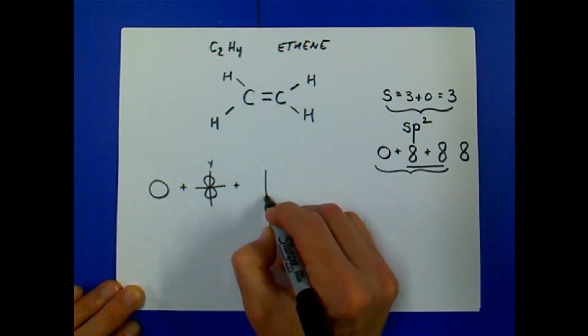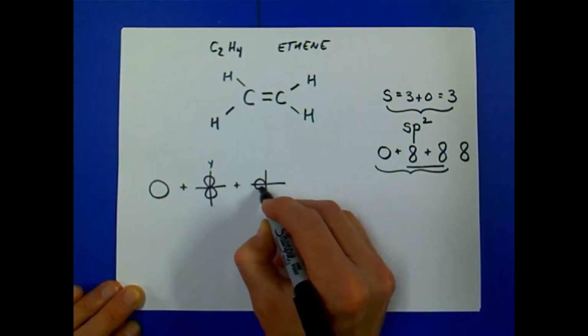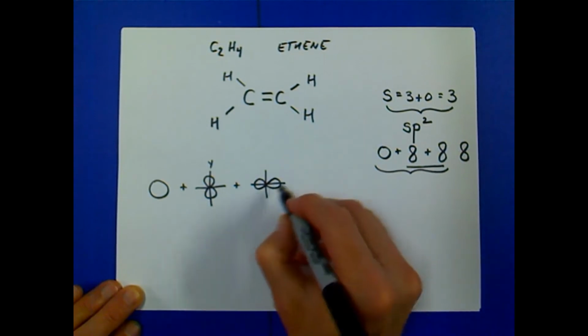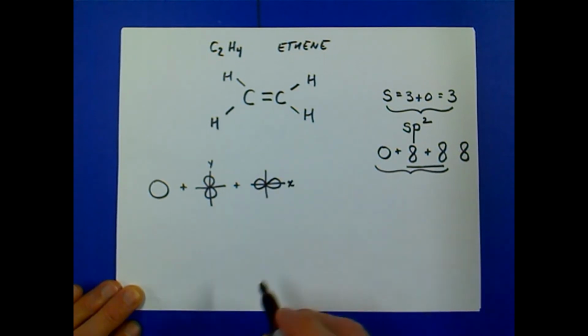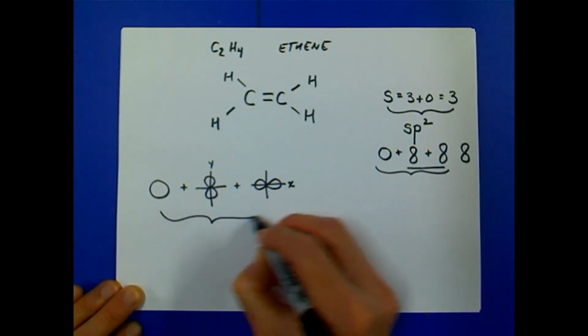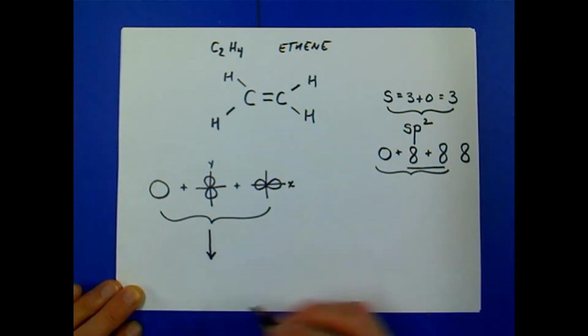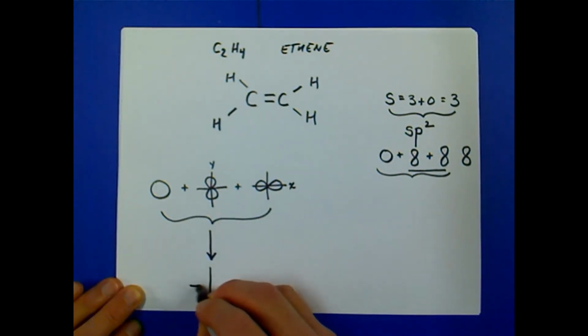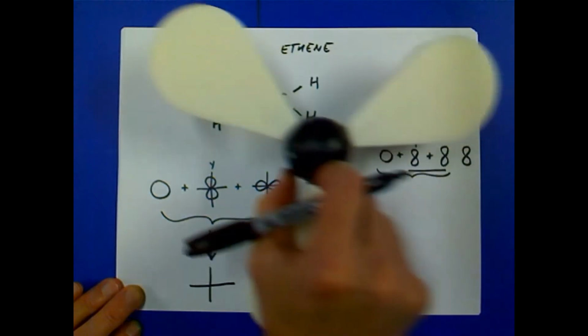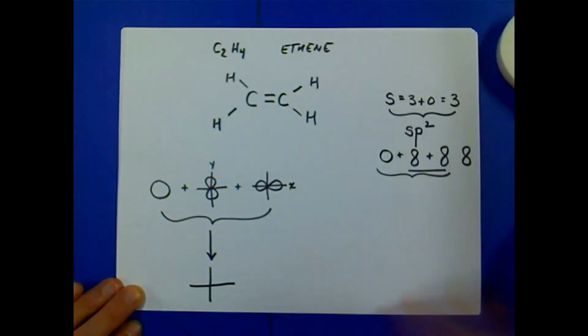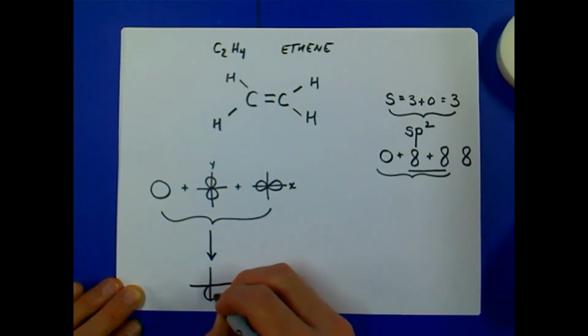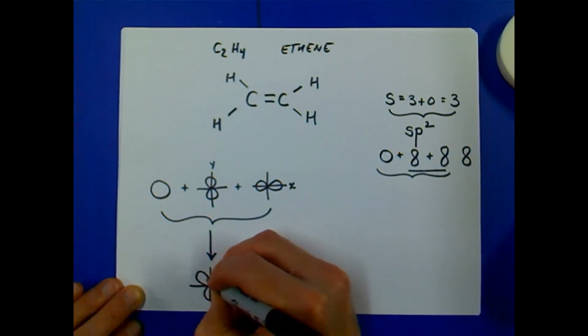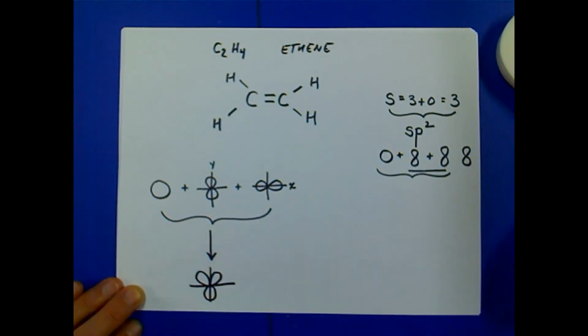We also mix that with a px orbital, which will be oriented along the x-axis. When we hybridize these 3 orbitals in the xy plane, we get 3 lobes pointing at the corners of an equilateral triangle, lying in the xy plane as such.